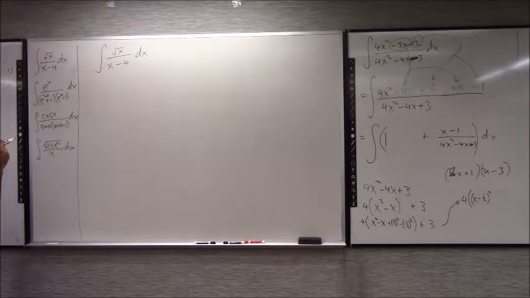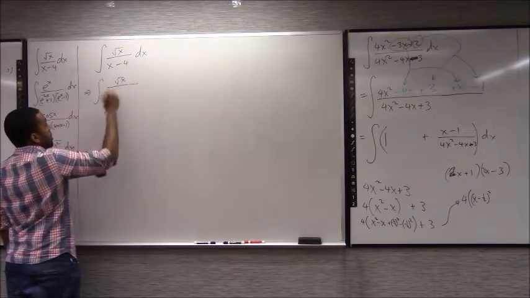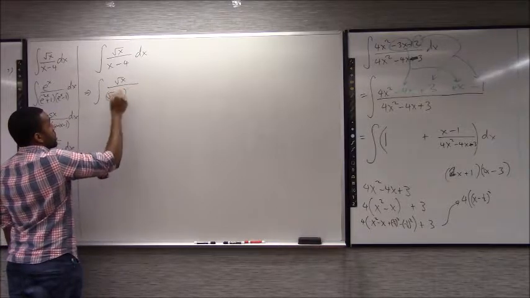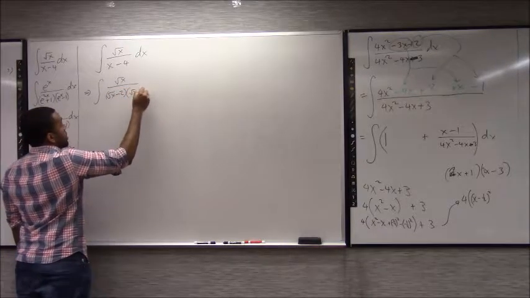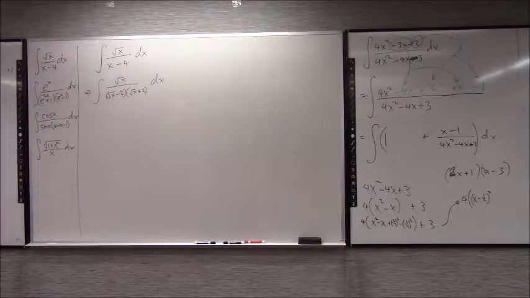I mean, we could just factor the denominator right there, because it's just root x minus 2, root x plus 2. Could we do that? Sure. Does that work? Yeah, but how do you continue?